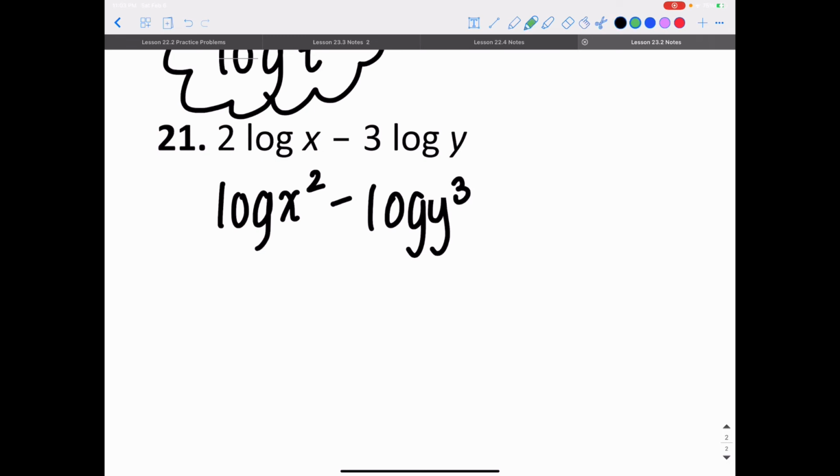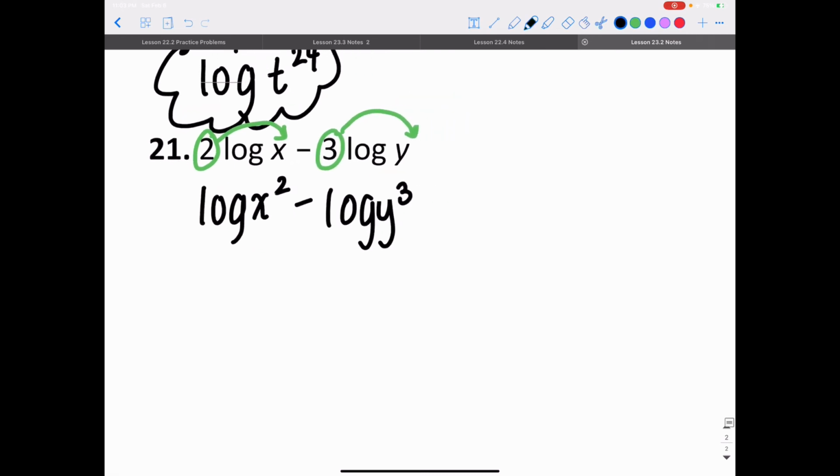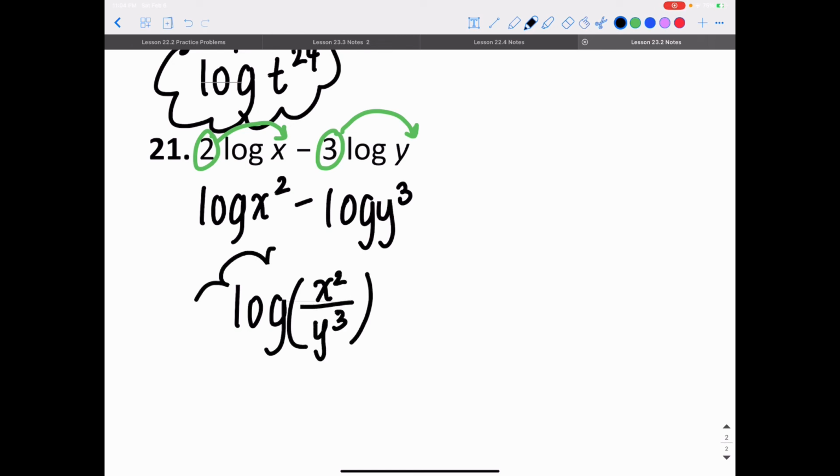I took these coefficients and made them exponents instead of what was inside of the logarithm. Now I can combine these. There's subtraction in between, so I know I can do division to combine. So I have log of x squared divided by y cubed, and this is my answer.